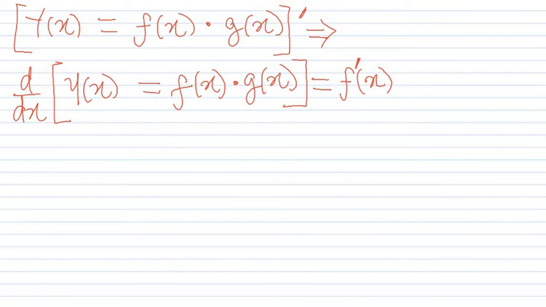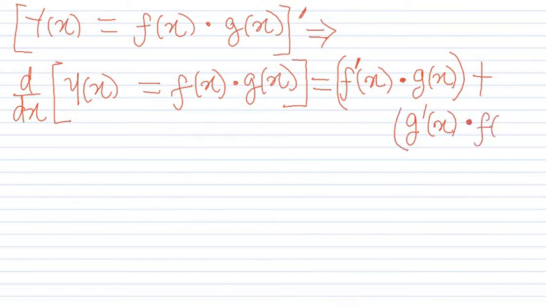So what we do is we first differentiate the first function, then we multiply whatever we get from the differentiated first function with just the second function that is undifferentiated. Then we do plus g prime of x, the second function that has been differentiated, multiplied by the first function that has not been differentiated.